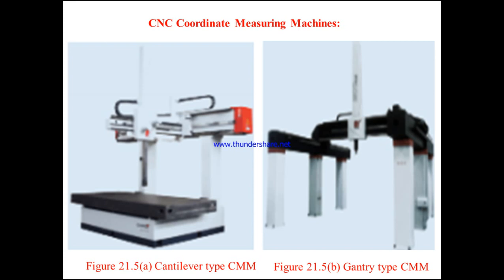We are having direct computer controlled CMMs. We are having coordinate measuring machines linked with CAD software, CAM, as well as flexible manufacturing systems also. So we are having different types with respect to the control system.